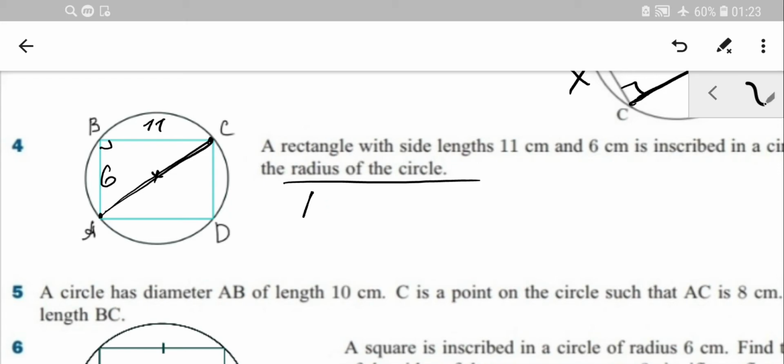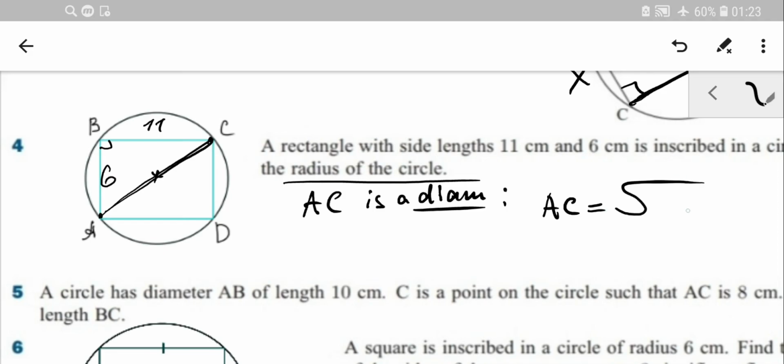AC is also the diameter. In this case AC is also the hypotenuse for triangle ABC, so we can figure out that AC is simply the square root of 36 plus 121, if you square 11.